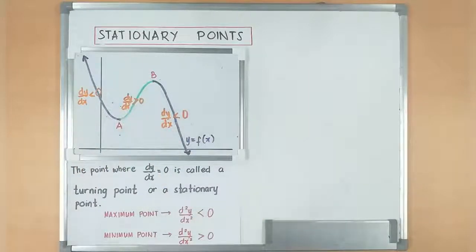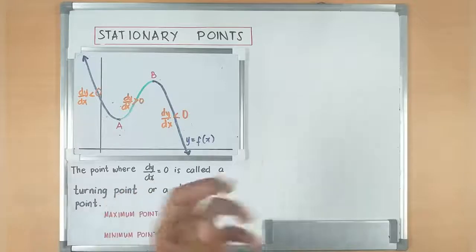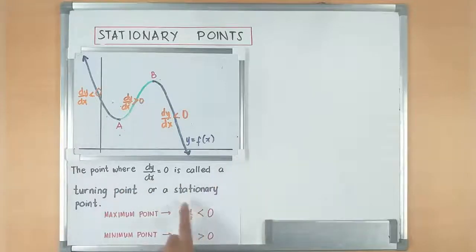Now, to identify if it is a maximum or minimum point: if the value of the second derivative, when you substitute the value of x, is less than 0, meaning negative, then it is a maximum point.